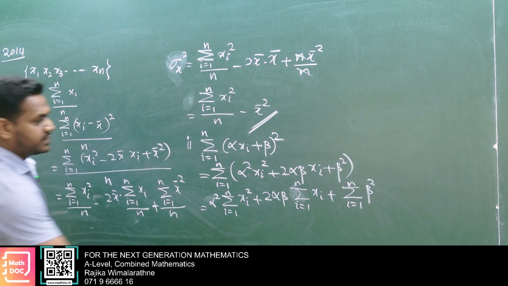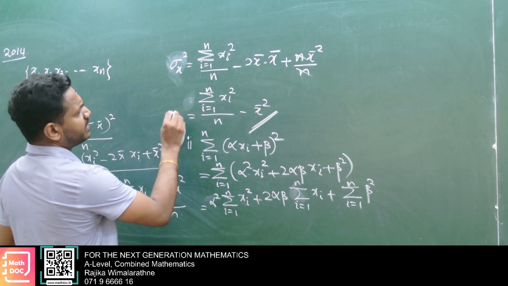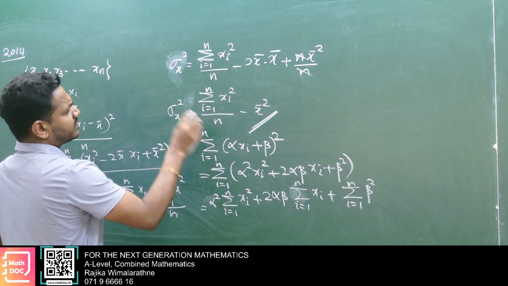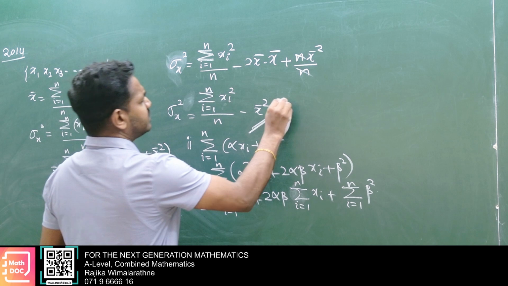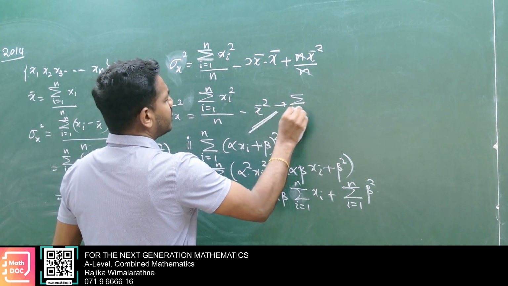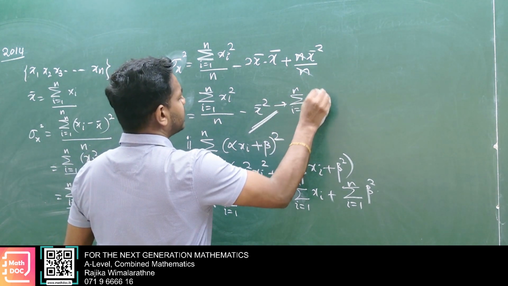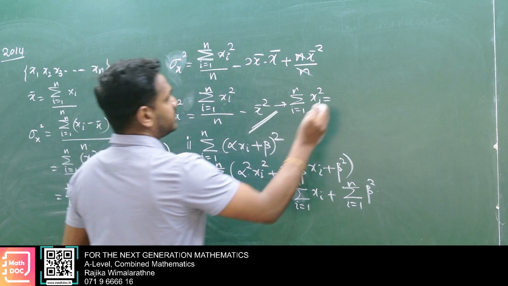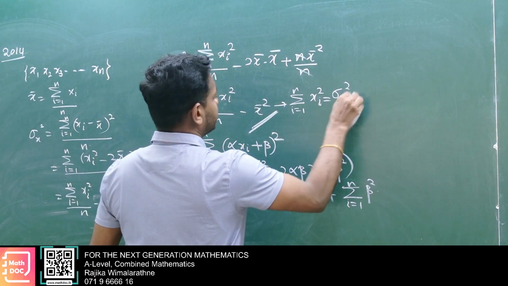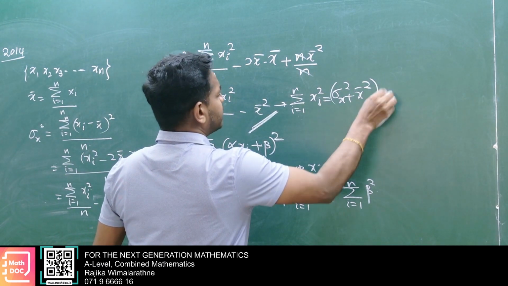Now here sigma xi squared, i equals 1 to n, is equal to (sigma x squared plus x bar squared) times n.